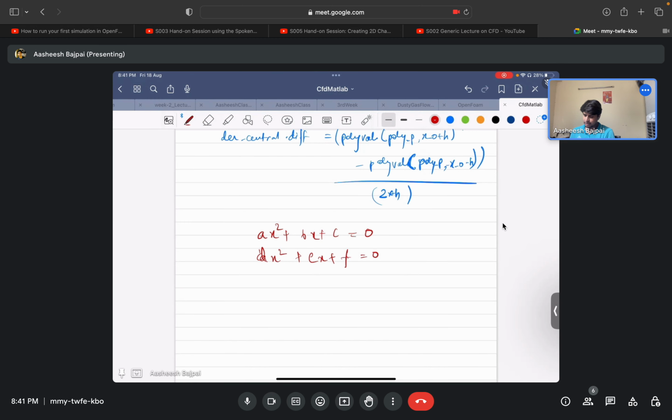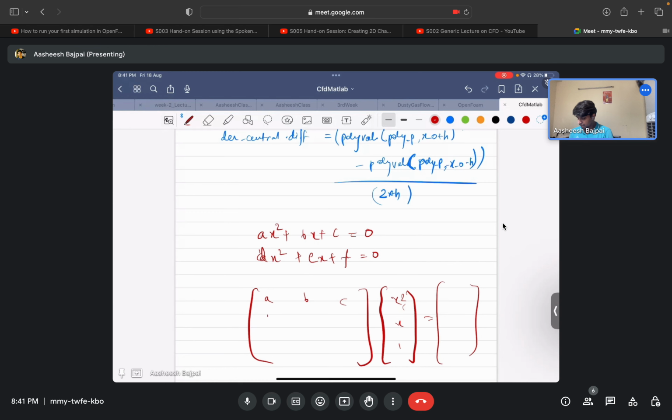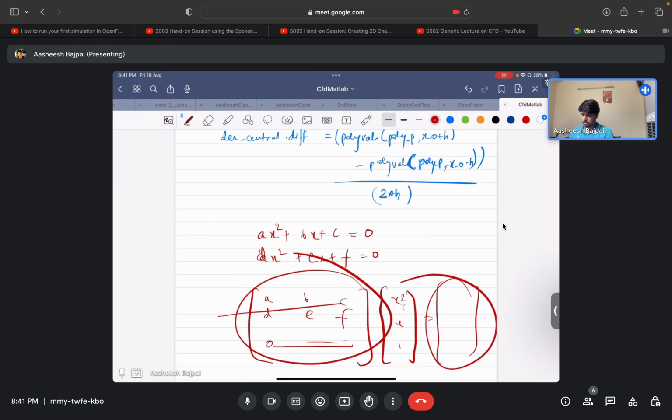You make this type of equations, and you segregate all the terms, arrange the x square, x, 1 and the coefficients a, b, c, d, e, f, and then make this system of equations. Then you can directly do it in MATLAB.